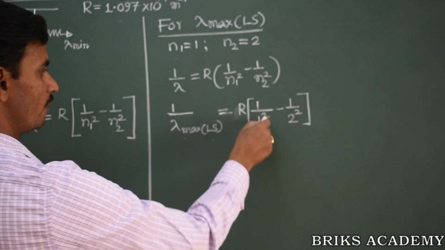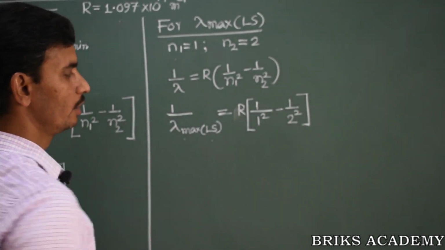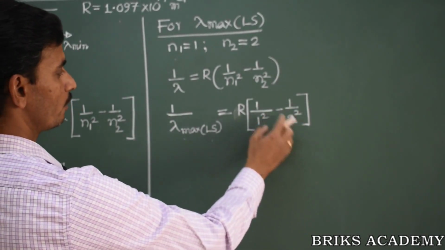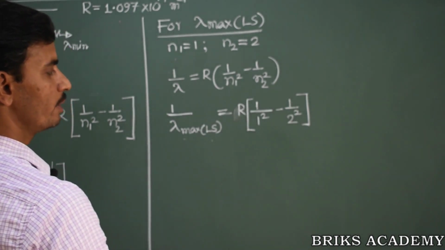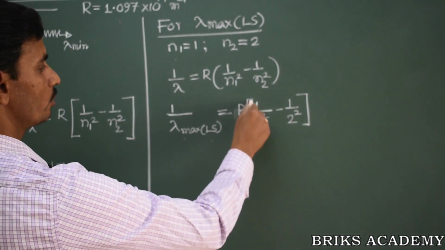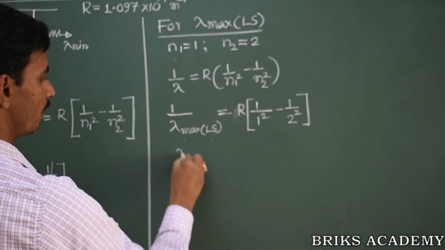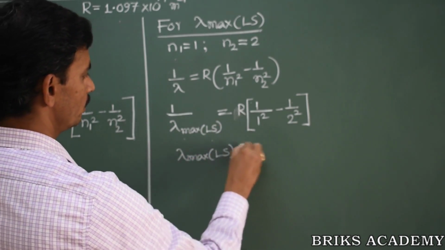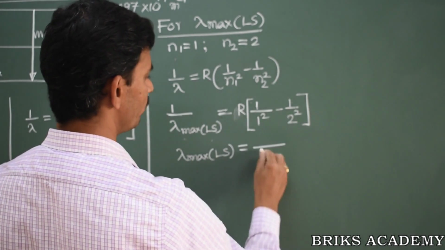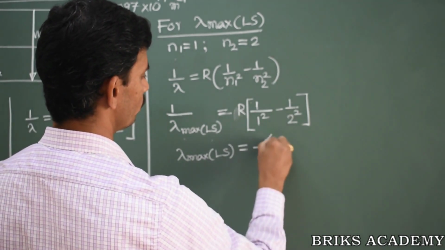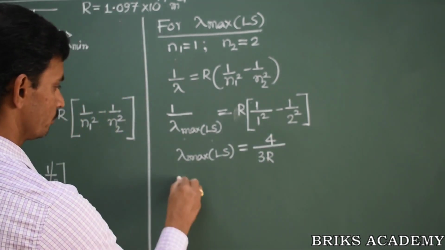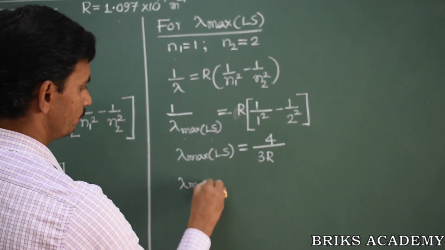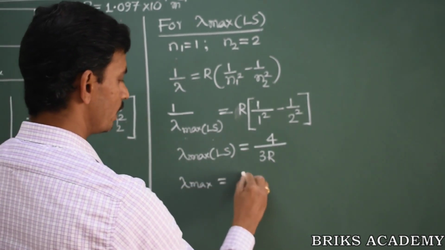So you have 1 by 1 minus 1 by 4. Taking the LCM, it will be 4 in the denominator, and the numerator will be 4 minus 1, which is 3. We have got R into 3 by 4. Take the reciprocal of that. You get lambda maximum of Lyman series is equal to 4 by 3R.